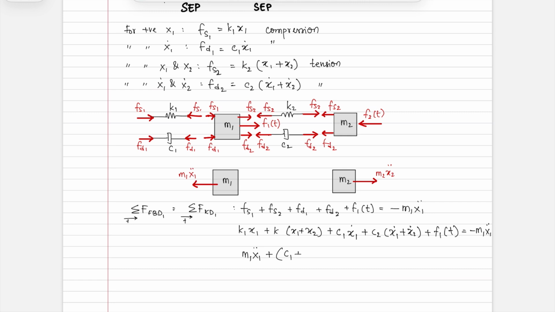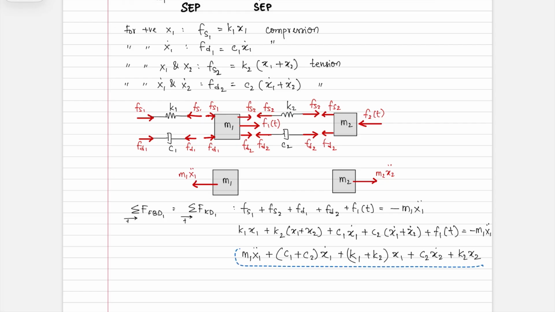You can see there's c1 plus c2 x1 dot, and then x1 has both k1 and k2, k1 plus k2 x1, and then I have only x2 terms, so we start with x2 dot, which is c2 x2 dot, and then for x2 I have just k2 x2.